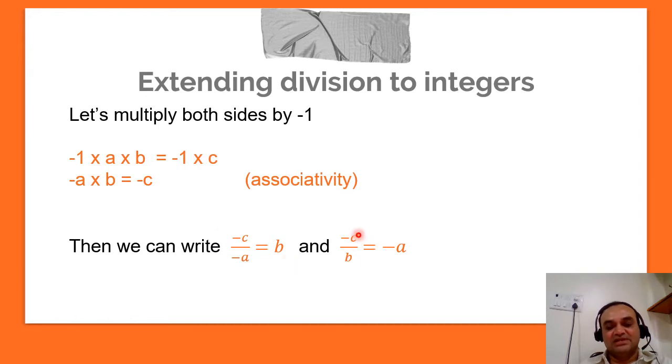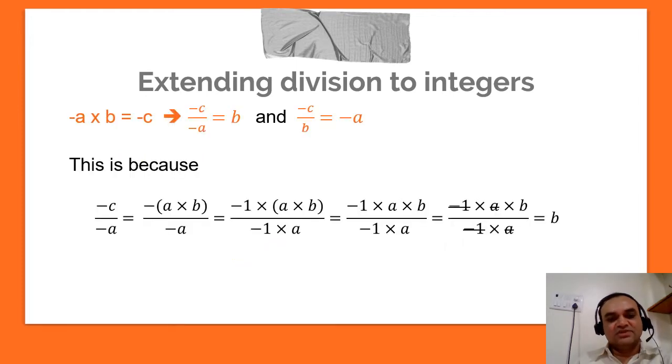And if I divide a negative number by a positive number, the outcome is negative. So let's look at it closely again. We have minus a times b equal to minus c, and from that we know that minus c divided by minus a is b and minus c divided by b is minus a.